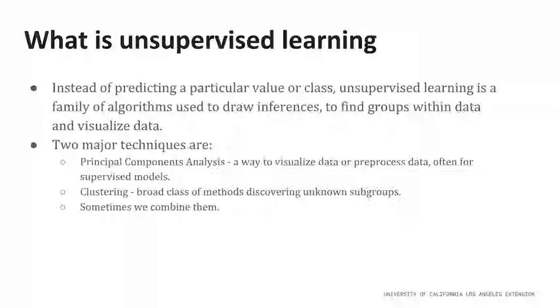The other technique is clustering, and this is a broad class of methods used to help figure out within my data set, are there subgroups that may each be very different from each other, but within that subgroup, the data points are actually quite similar. And sometimes we combine these two techniques together.